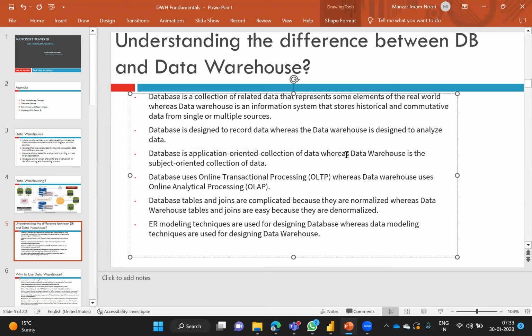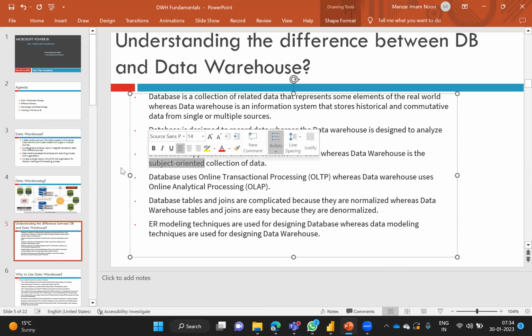Fine. But in the data warehouse, it is subject oriented data. Subject oriented in the sense that for a particular subject only, the data will be kept at one place, right? It may be HR data. In a company, we have so many things, right? So only HR data we want to have. So for that subject, we have the data.